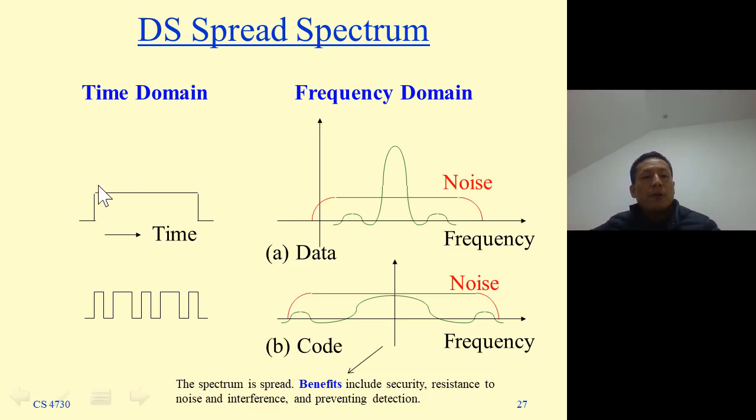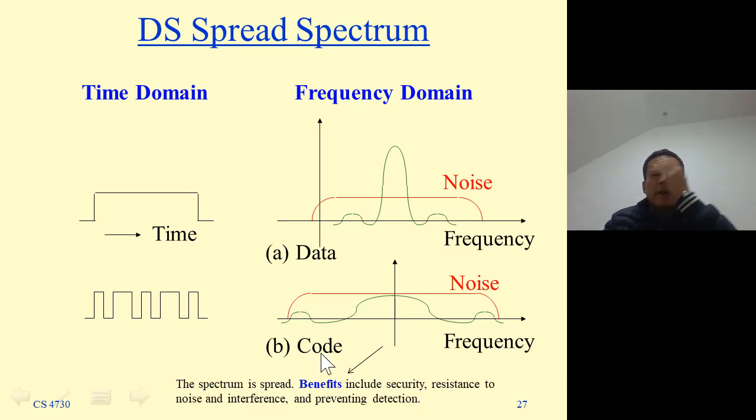So if you use a sequence like this, 10 bits of data to represent the 1 bit you send out, then in the frequency domain, what you will see is that the peak of the pulse will be much fatter and with low strength.